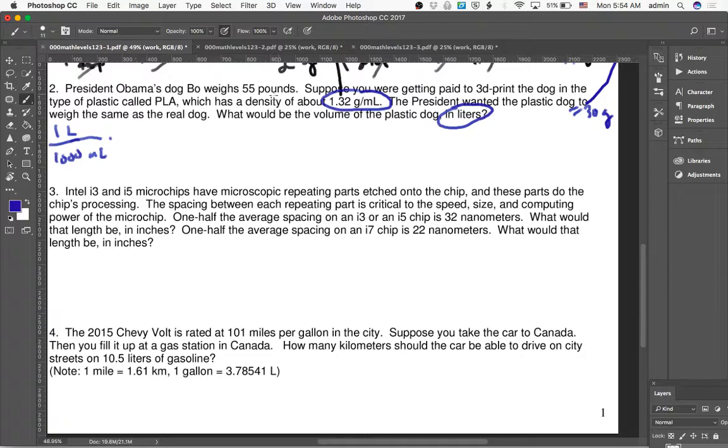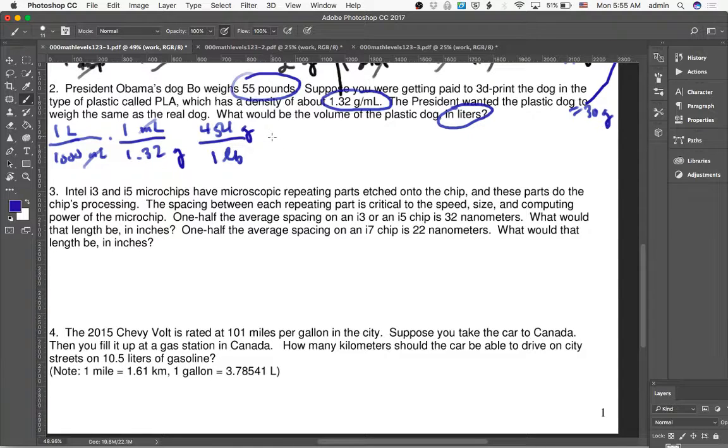And let's see, I got 1 milliliter is 1.32 grams. There we go. And then, what about these grams? Yes, the dog weighs 55 pounds. So there are about 454 grams in 1 pound. This data I didn't put in the problem, sorry, but I gave this in class, 454 grams per pound for this problem.